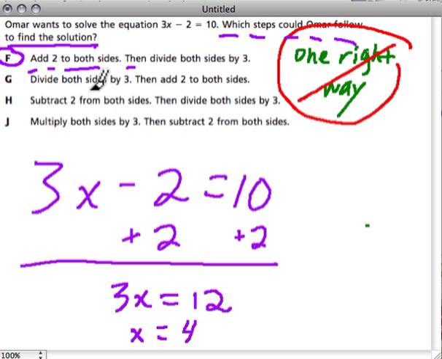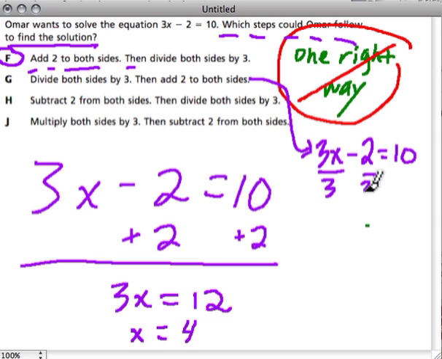Next it says divide both sides by 3. Well, there's no reason you can't do that. Let's see what happens though. It might not help us, but you can do it. 3x minus 2, if we divide that whole thing by 3, we divide each part by 3. And then same thing on this side.